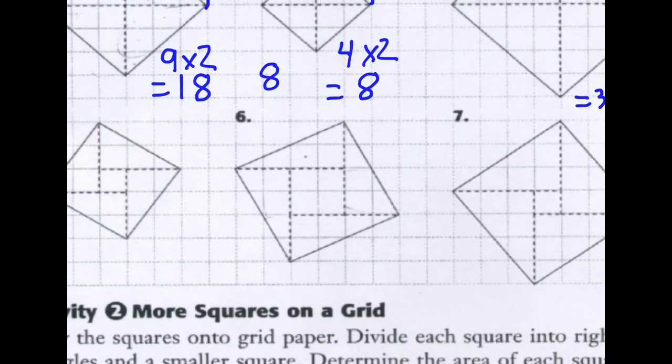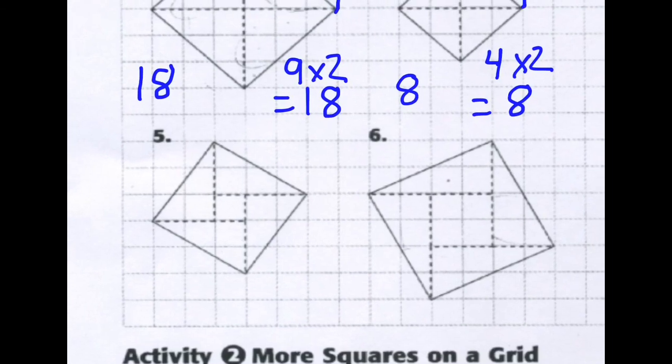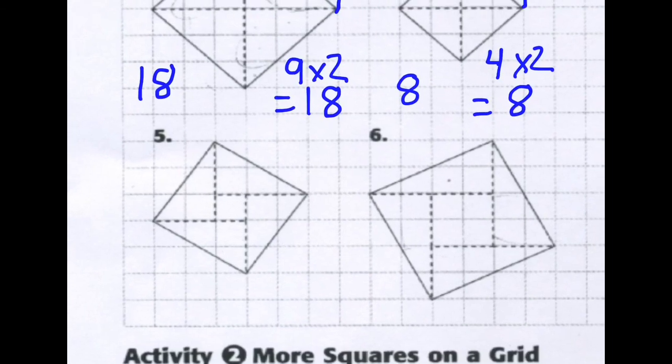Okay, let's do a couple more of these. So over here, number 5. To count up the area of this full square, I'm going to do this. And now what I've done is I've taken 2 of the right triangles and put them together to make a rectangle. So when I count up the area of this rectangle, it will represent 2 of these right triangles.